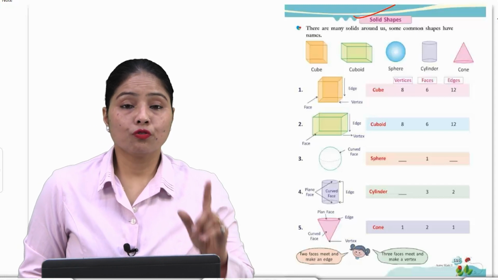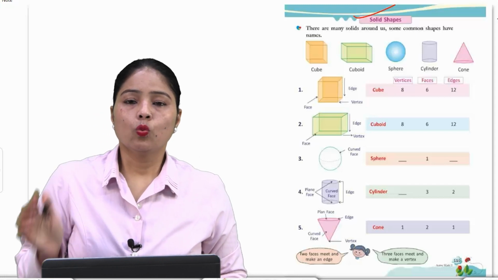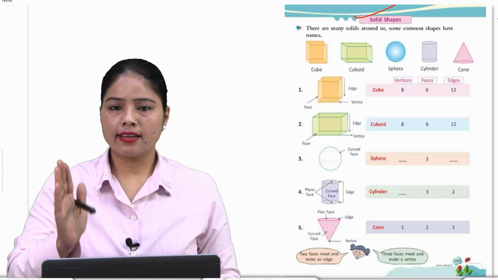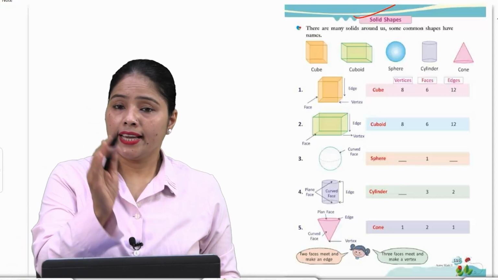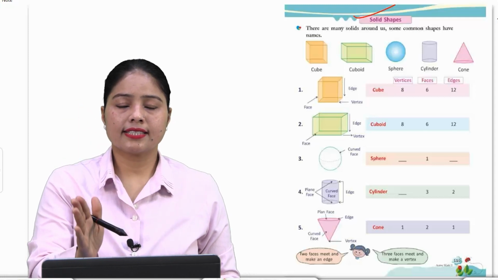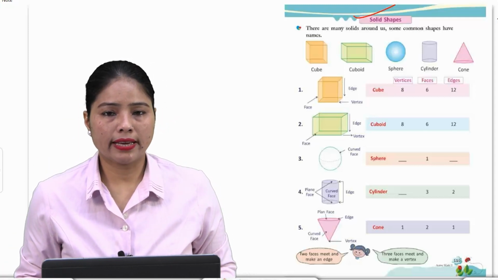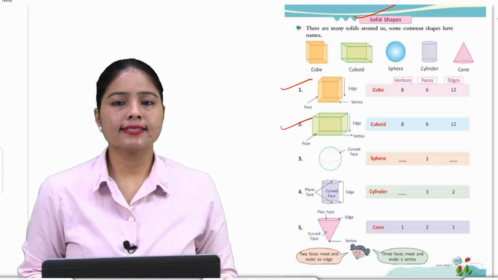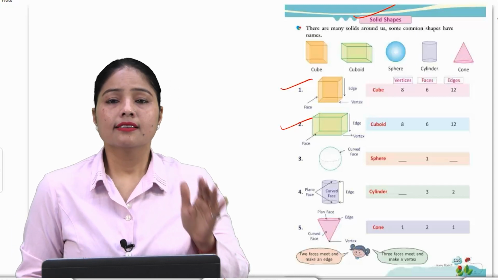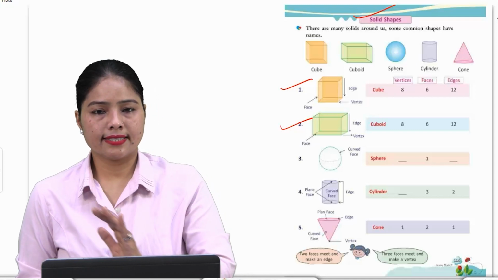Okay beta. So first one is given cube. Vertices, faces and edges. So cube के vertices कितने होते हैं? 8 and face 6 and edges कितनी होती हैं? 12. Similarly, cuboid के कितने होते हैं हमारे? Cuboid has 8 vertices, 6 faces and 12 edges.